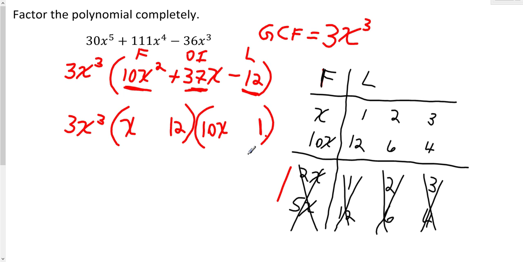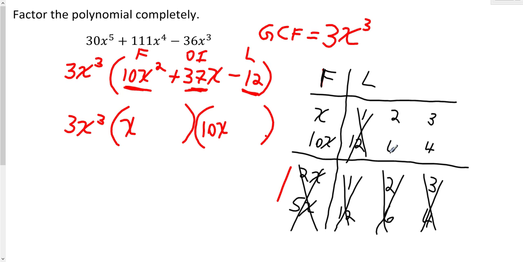In this case, outside, outside gives me 1x. Inside, inside gives me 120x. Needless to say, those aren't going to work to give me 37 if I add them or subtract them. So I move on to the next pair then. That means that the 12 and the 1 just will not work. So 12 and 1 do not work.